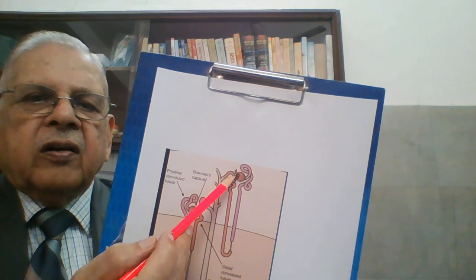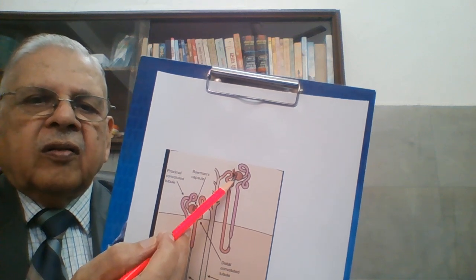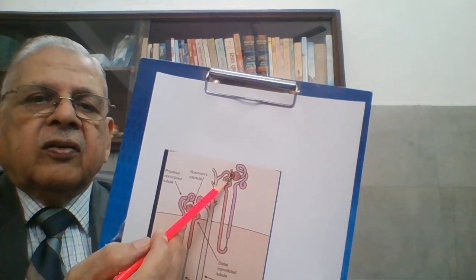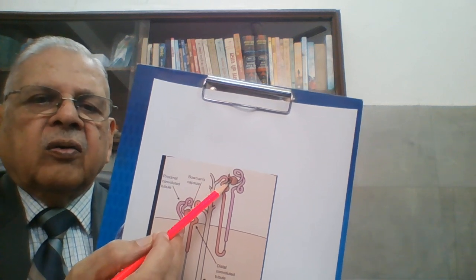So one artery is taking blood to this rounded structure, the other is taking blood away from it. This is called the afferent arteriole, this is called the efferent arteriole.